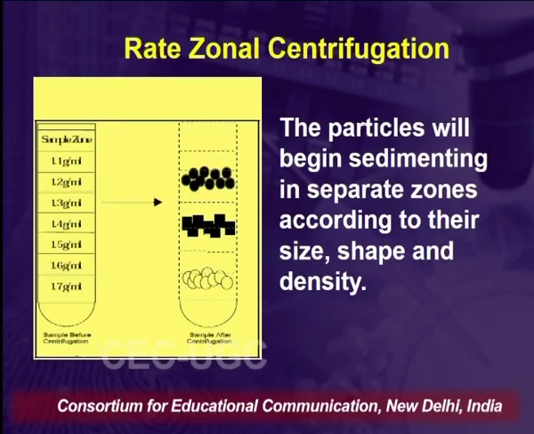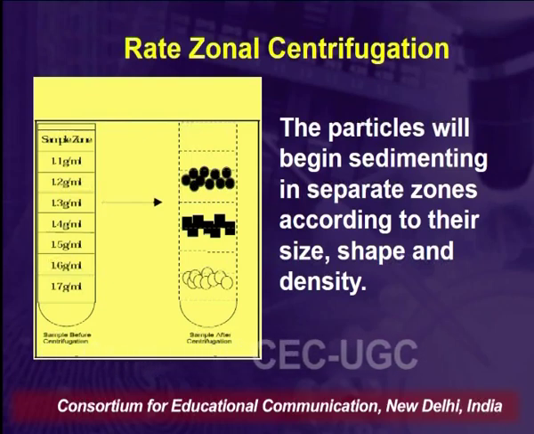As we can see in the diagram, we have various layers of different densities. Depending upon the density of the particles, they will take the layer as per their density and begin sedimenting in separate zones according to their size, shape and density.